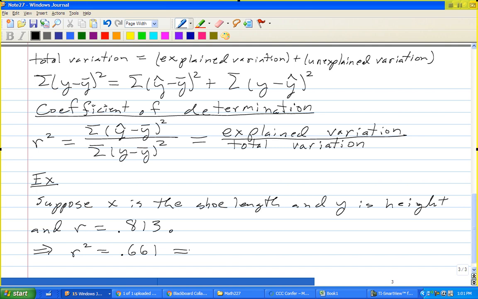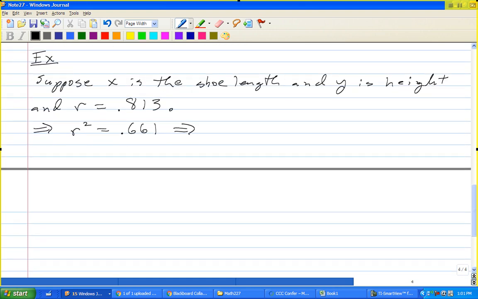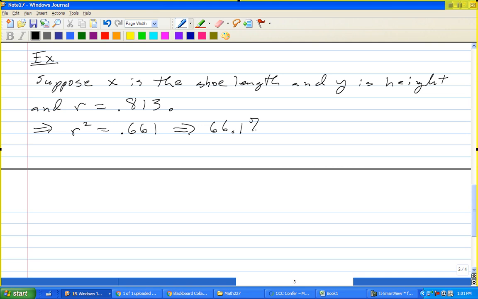And so that says that 66% of the total variation in height, so if I look at your height, well, I can explain 66% of how people's heights vary by just looking at their shoe size.